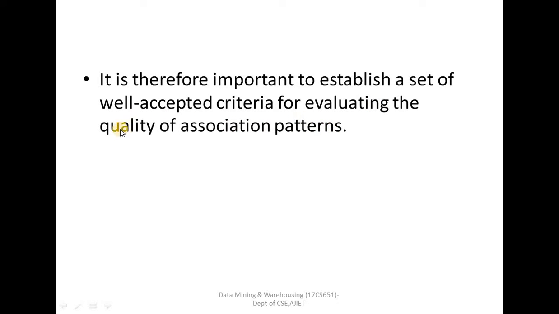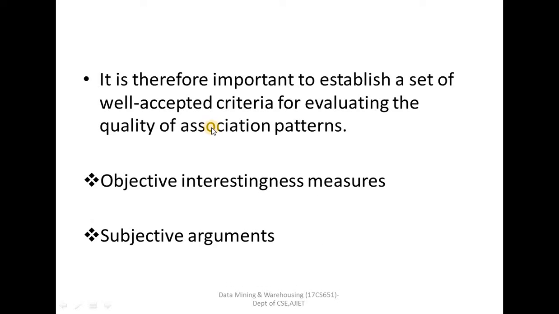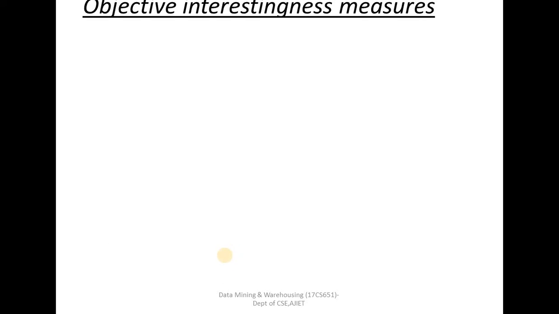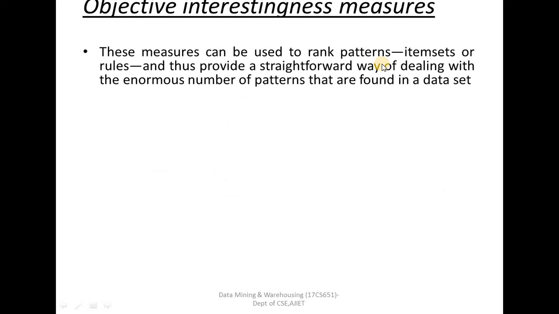For evaluating the quality of association patterns, we have two well-accepted criteria. The first one is objective interestingness measure and the second one is subjective interestingness measure, also called subjective arguments. The first one, objective interestingness measure. These measures can be used to rank patterns.